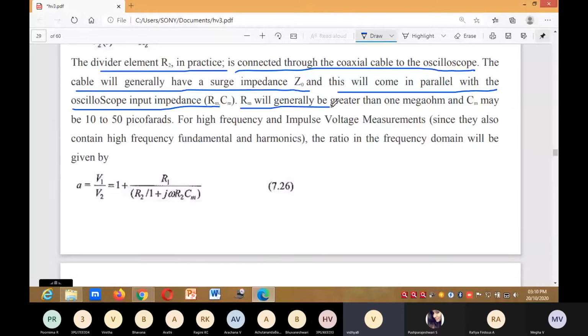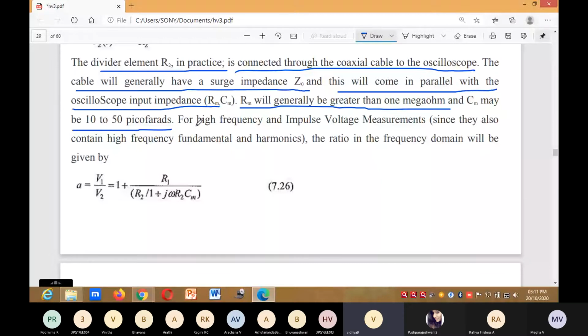RM will generally be greater than 1 mega ohm. RM rating is 1 mega ohm, it is greater than 1 mega ohm. CM may be 10 to 50 picofarads.